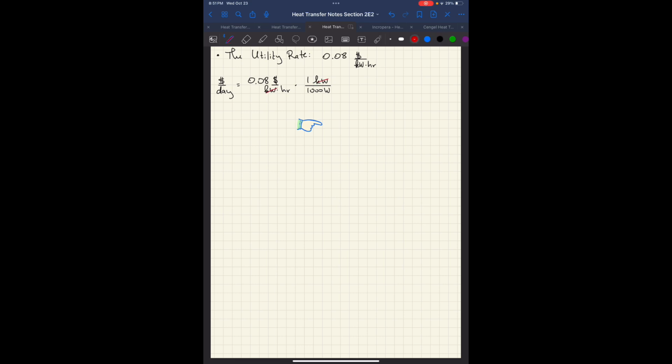We still got watts on the bottom, but we can get rid of the watts because we have to multiply by the number of watts that we're throwing out the window. You'll notice here I'm not putting a minus sign because the minus sign is indicating direction, which I don't care about at this point. I just care about money. I already know that the direction of the money is out the window, so I don't need to put that in my calculation. So this watts will cancel this watts. Now I need to convert from hours to days. This should be pretty easy. It's just 24 hours in 1 day.